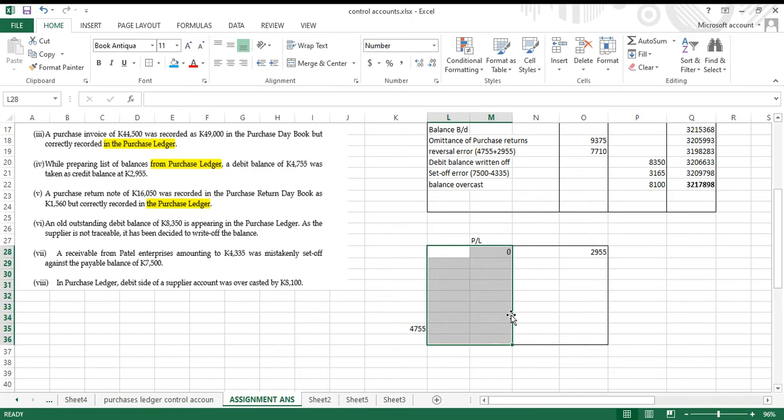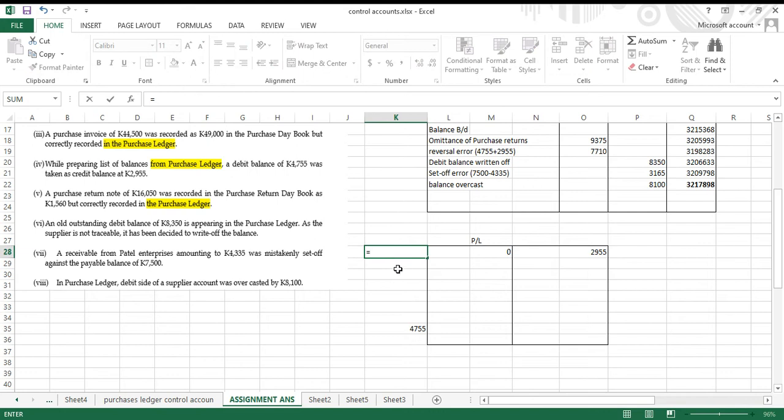So what we have to do here is eliminate this 2,955, and on our debit side, we should have a 4,755. So the way to do that, we're going to say 4,755 plus 2,955, we get 7,710.